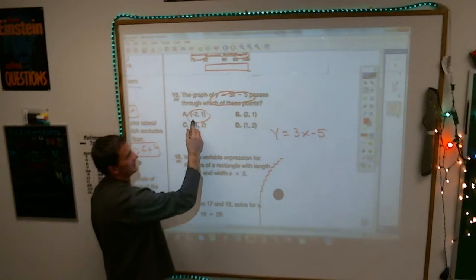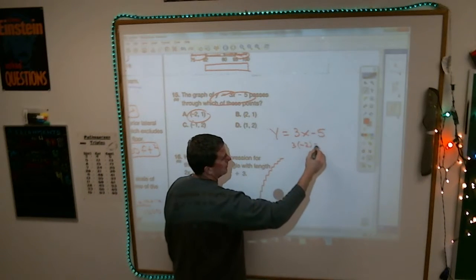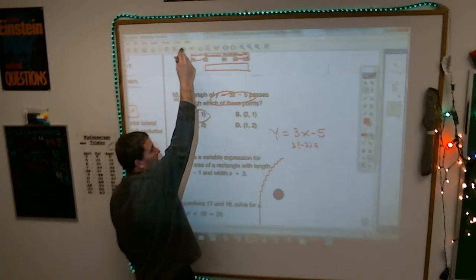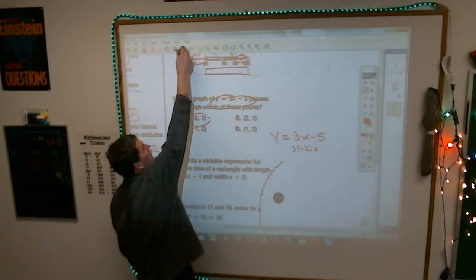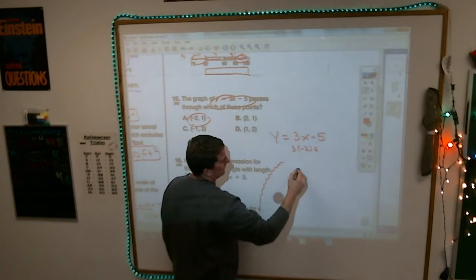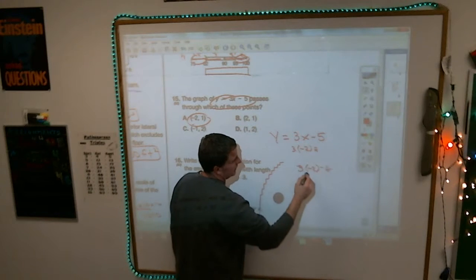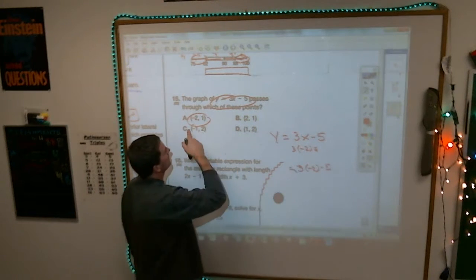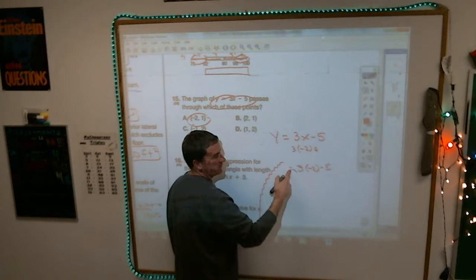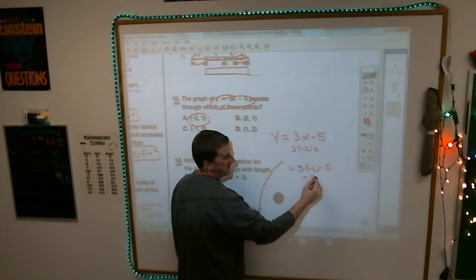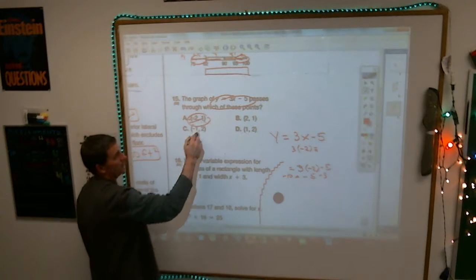If I put negative 2 in for x, am I going to get 1 for y? If I do this whole problem, do I get a 1 over here? 3 times negative 2 is negative 6. Negative 5 and negative 6 is negative 11. This one does not work.